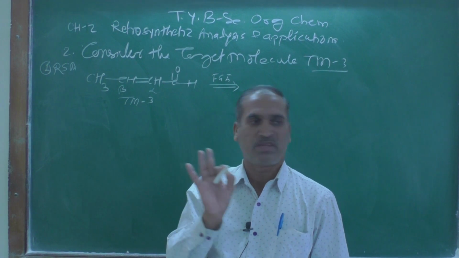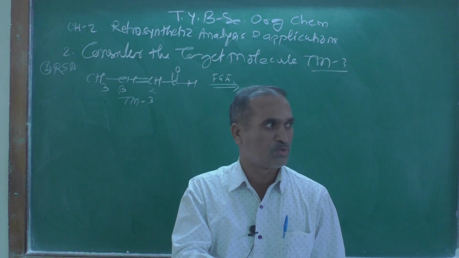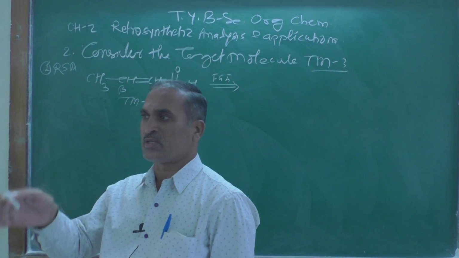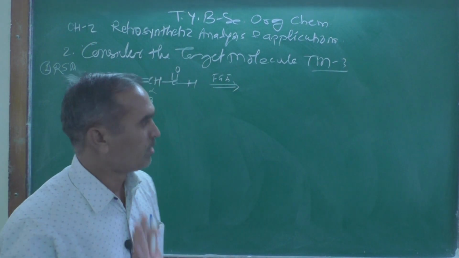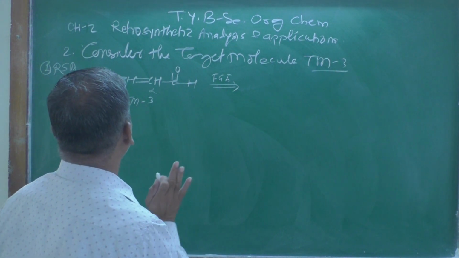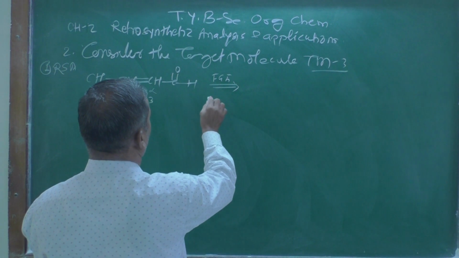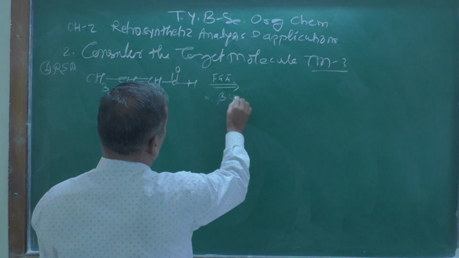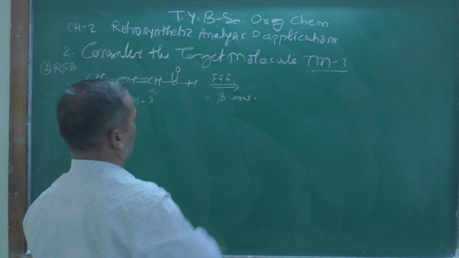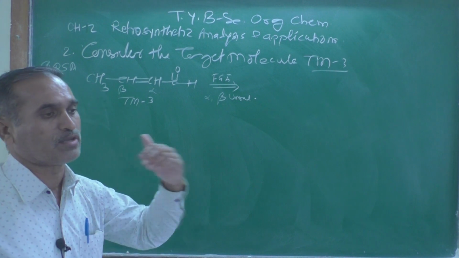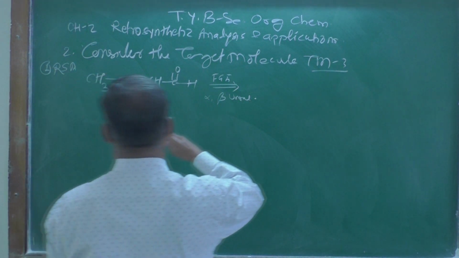The meaning of FGI is that one functional group is converted into another functional group so that this disconnection becomes possible. That is known as functional group interconversion. Or you can write alpha beta unsaturated aldehyde, or alpha beta unsaturated approach, or the perspective you can use over here.